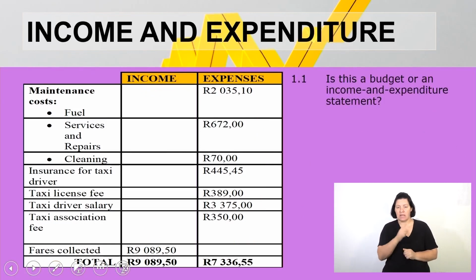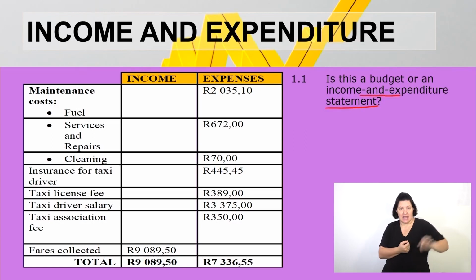Question 1.1: is this a budget or an income and expenditure statement? Remember, this is an income and expenditure statement, because it already indicates to me my income as well as my expenses. I hope that is clear to you.